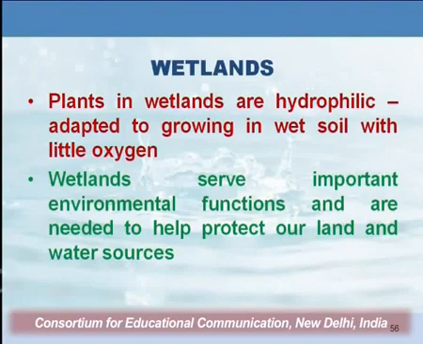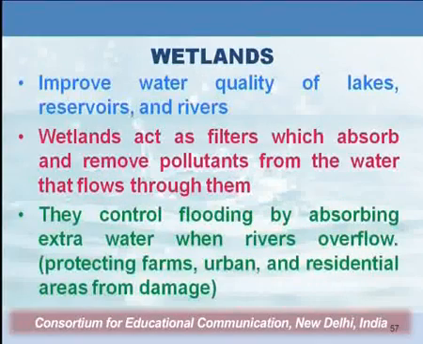These wetlands serve a very important function, and they are also needed to protect our land and water resources, because they improve the water quality of lakes, reservoirs and rivers. How do they improve the water quality? Because when the water comes into these wetlands, the velocity is quite less, so it releases all the load here.